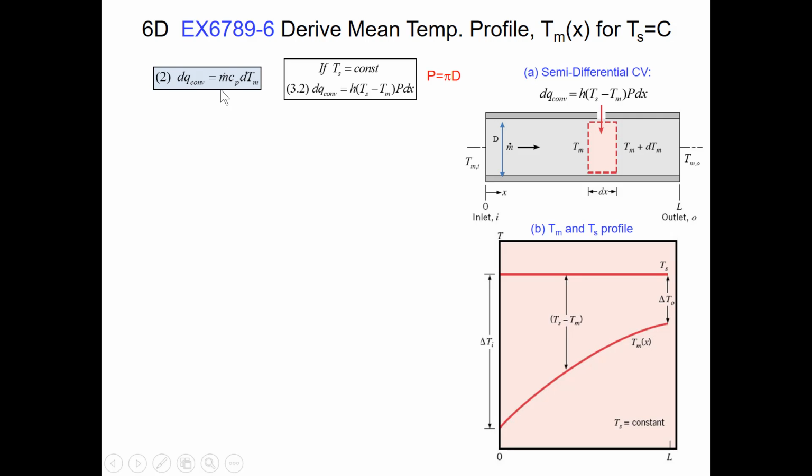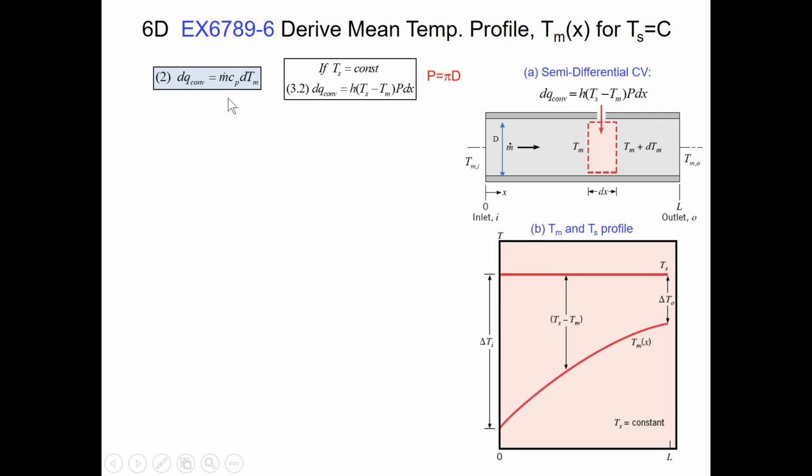D. We will use example 6 to show how to do the derivation on the mean temperature profile for constant surface temperature thermal boundary condition.